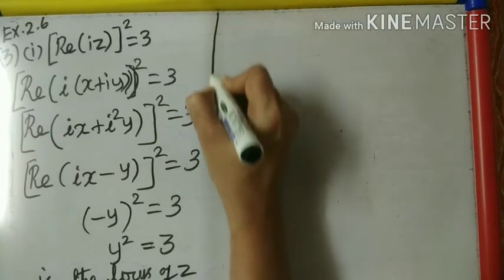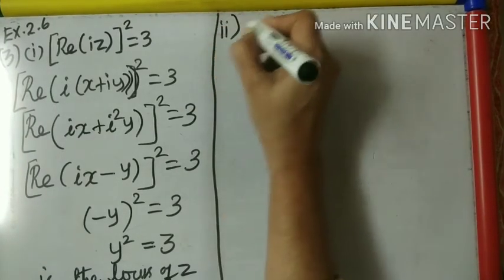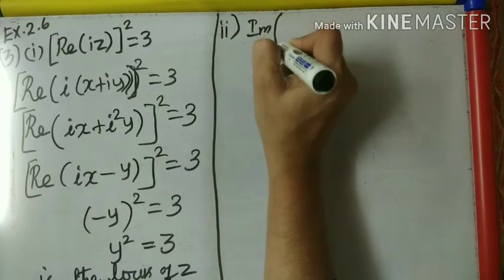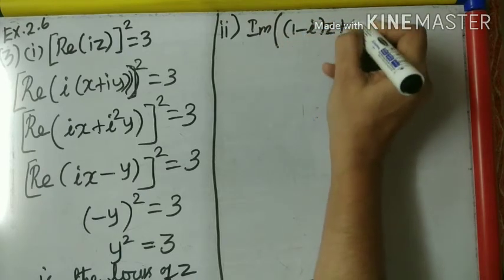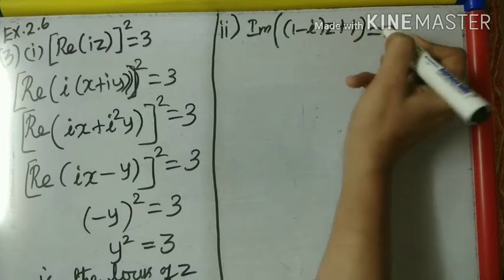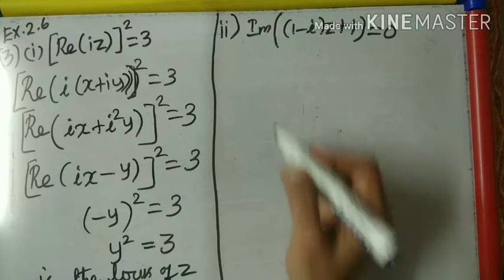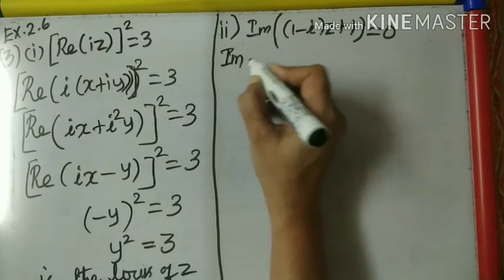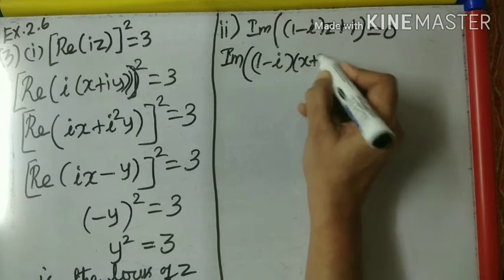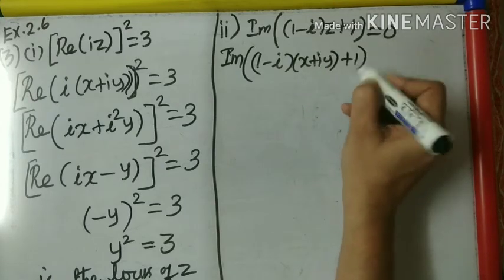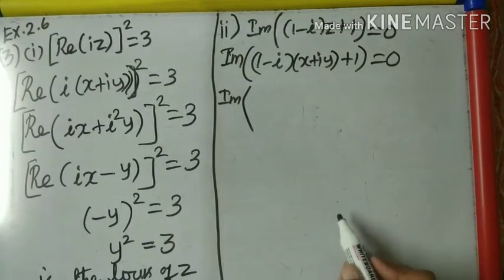We have a similar problem. The second part: imaginary of 1 minus i into z plus 1 equal to 0. Wherever z comes, let us put x plus iy. So imaginary of 1 minus i into x plus iy, plus 1 equals 0. How do we multiply?